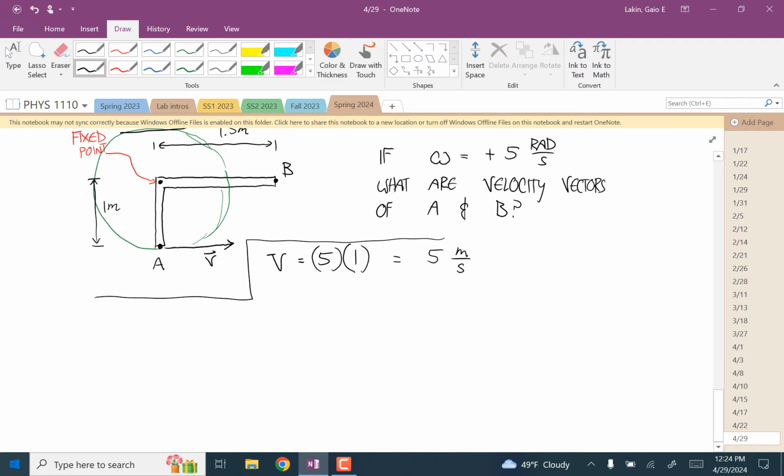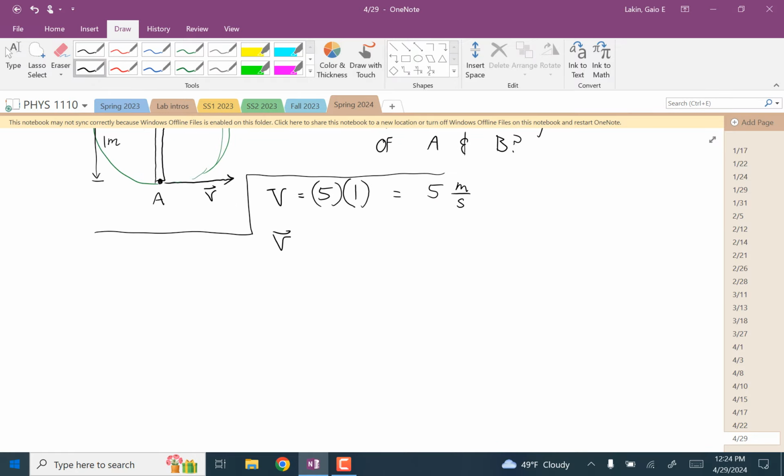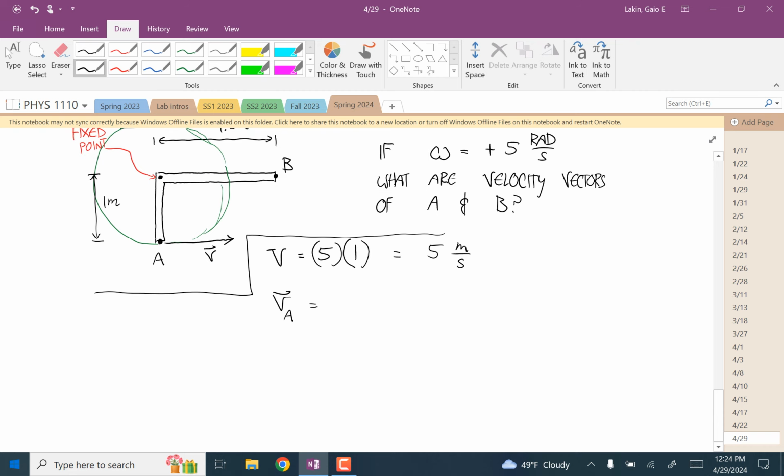And now we can put that into the velocity vector of the point A. That's in the positive x direction. So this is just 5, 0 meters per second. Okay?